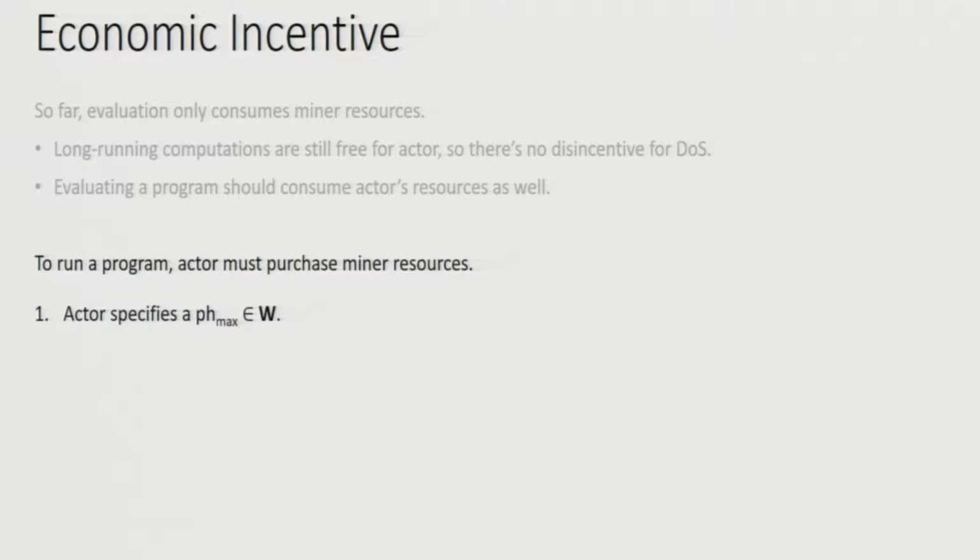So when you deploy a program, you specify a number of fields. The first thing you specify is a max consumption. If W is the set of natural numbers, then this is the largest amount of gas that you want to consume. If W is a DAG, then it's the largest DAG size that you could create.